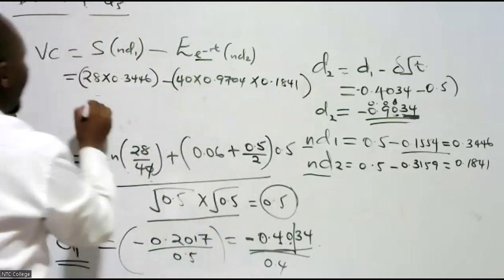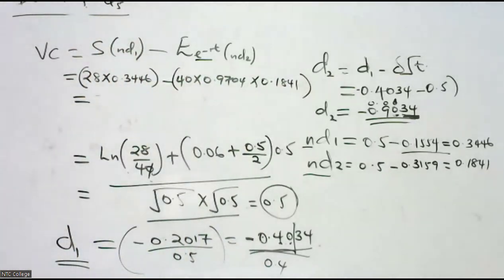So that is what you get, and that is the value of call option. Which figure are you getting?